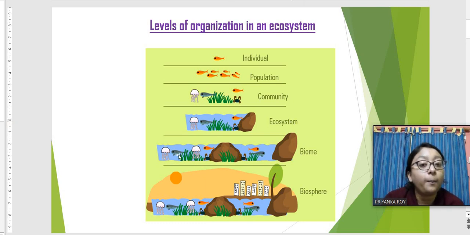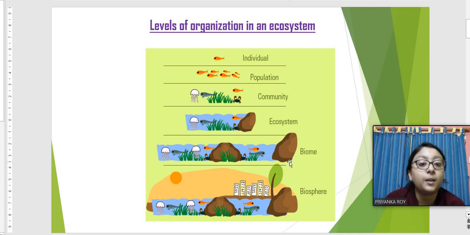Now when a number of ecosystems are there together, then we call it a biome. And lastly, when a number of biomes together involve the atmosphere, the hydrosphere, the lithosphere, which is the land, atmosphere is the air, and hydrosphere is the water, obviously.